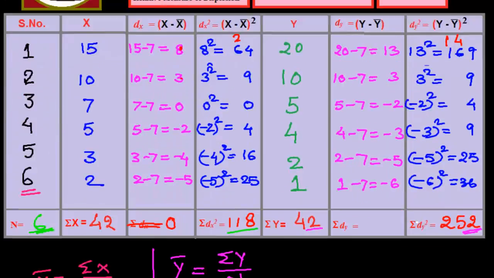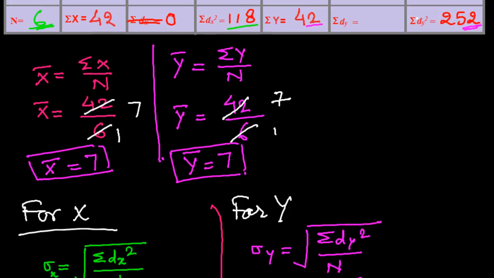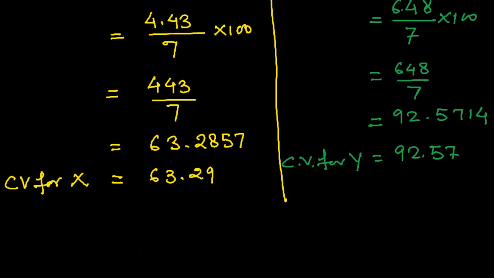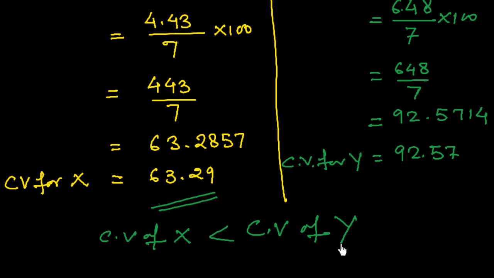So here you see the coefficient of variation of x is less than the coefficient of variation of y.